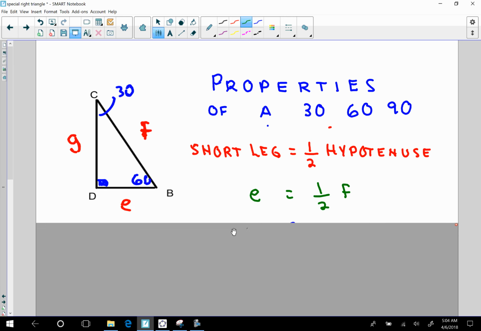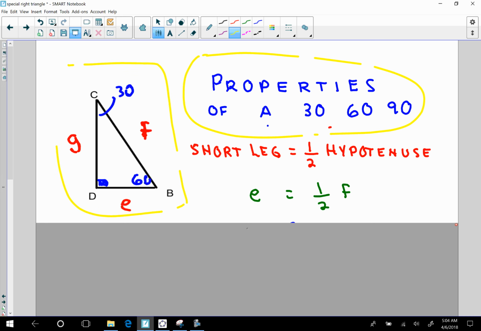Let's see if we can finalize all of these properties of our 30, 60, 90 right triangles. So I have this really nice 30, 60, 90 right triangle here. E is the short leg, G is the long leg, and F is the hypotenuse. And I know that the short leg is equal to 1/2 of the hypotenuse.